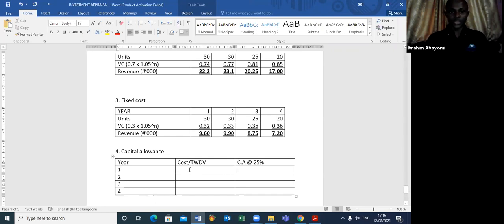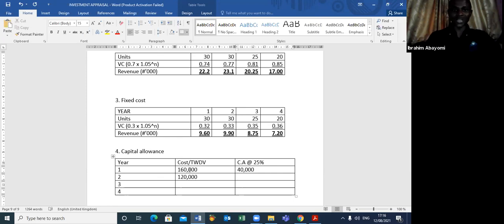So in year 1, at the beginning of year 1, the asset cost is 160,000. And we are going to charge 25% capital allowance. So 0.25 times 160 will be 40,000. So the tax written down value at the beginning of year 2 will be 160 minus 40, that's 120,000.